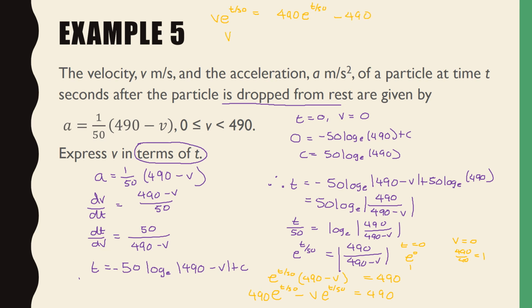If I divide everything by my exponential, it will cancel out of this first term. The second one, 490 divided by e to the power of t on 50, I can write that as a fraction, or I could write it as e to the power of negative t over 50, remembering that if I change it from the denominator to the numerator, the sign of the power will become negative. That is a perfectly fine answer. You might be asked to factorize on occasion, which means it would then look like this. And that's an even nicer answer, I suppose.